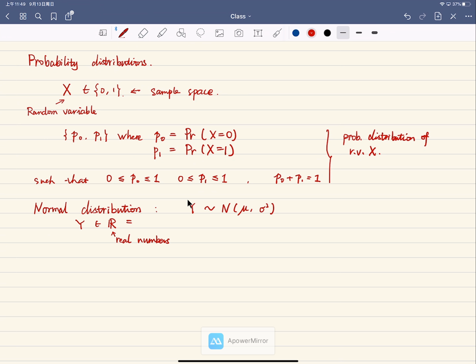So basically, it goes from negative infinity to positive infinity. So the possible value of y can be any real number on the real line.